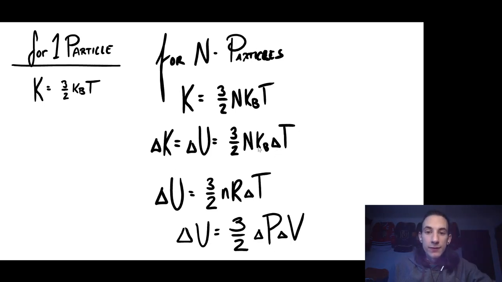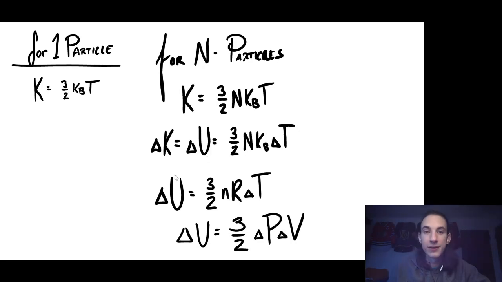Based on our ideal gas law, we had one equation that said PV equals little n RT, and another that said PV equals big N k_B T. So we can replace N k_B with nR.